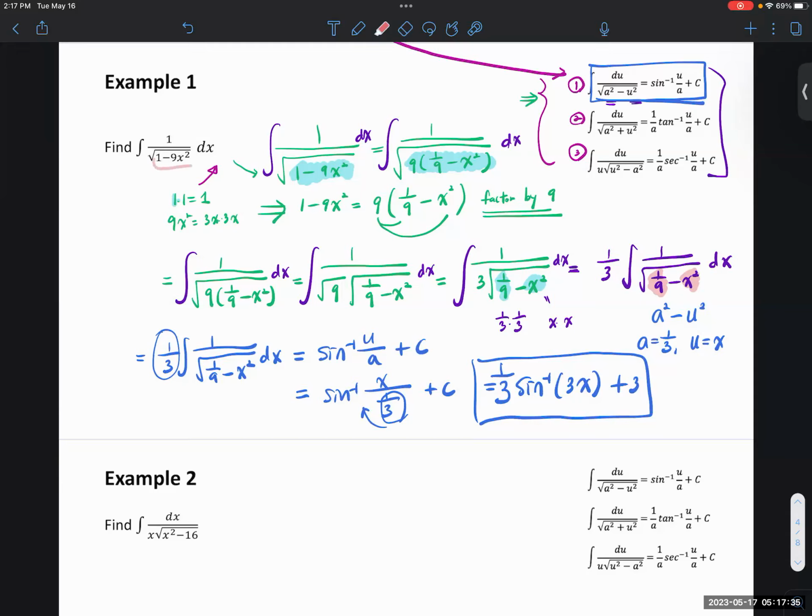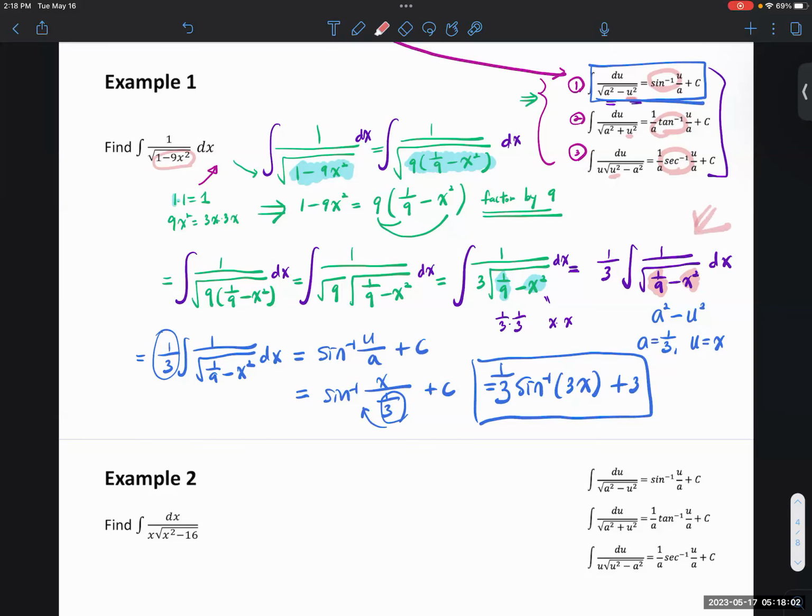If it involves a perfect square number, your outcome will be one of the inverse trigonometric functions: either sine inverse, tangent inverse, or secant inverse. And then I just modify a little bit because the 3x second power is not really matching x second. Everything should be without the constant, so I just factor out 9 so that we simplify right there.